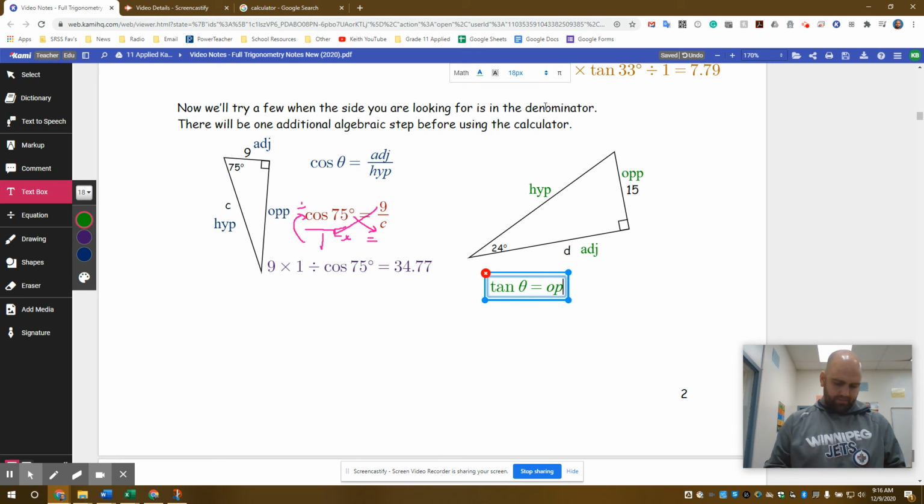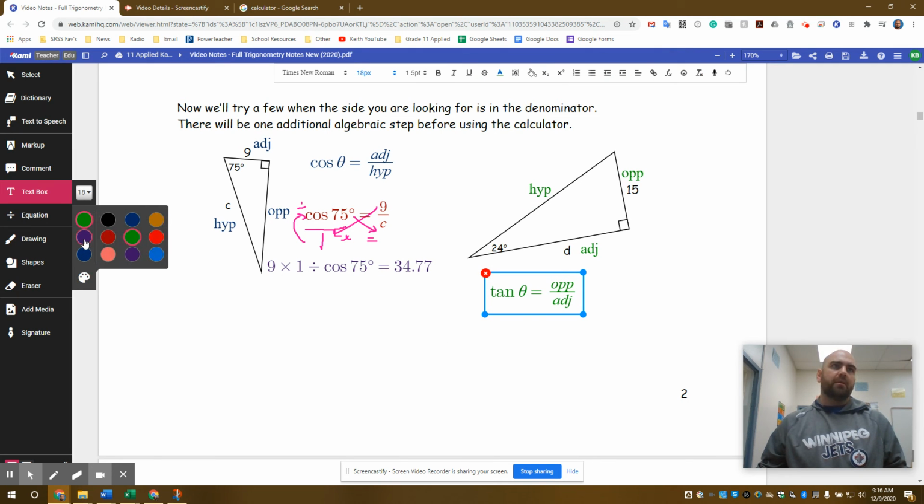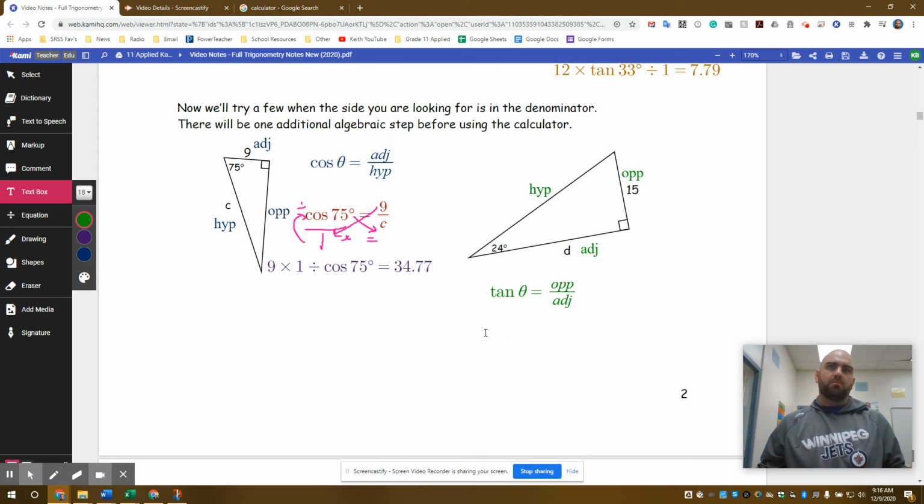Tan theta is equal to opposite over adjacent. We're going to plug in the values that we know. So tan of 24 degrees is equal to the opposite side, which is 15, over the adjacent, which is D.